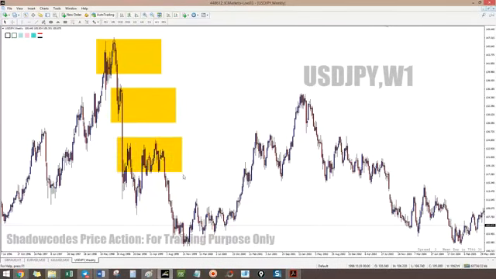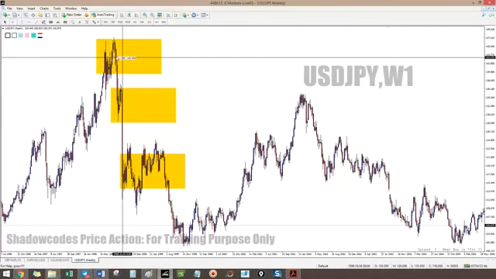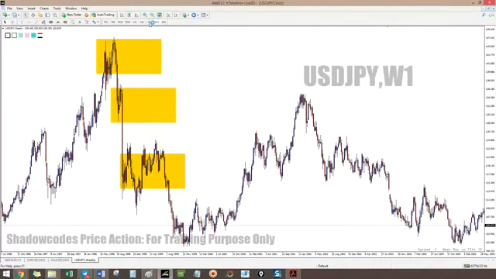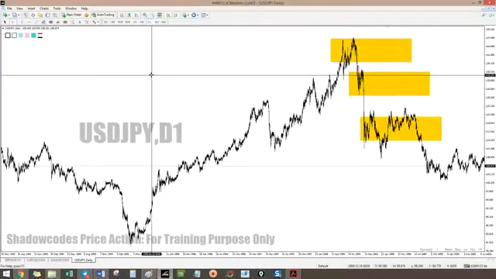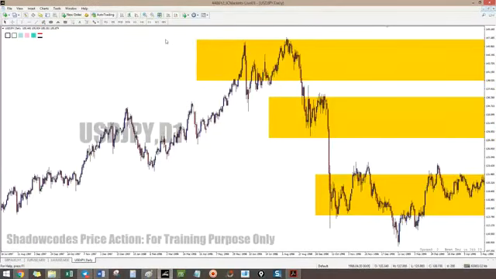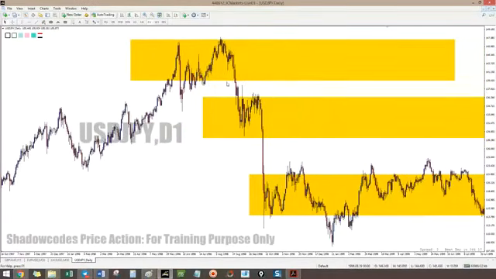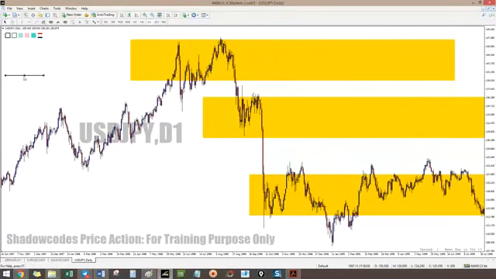Up to here, for example, you find a QM. You will find a QM here, I'm sure, because this is on weekly. Can I find it on daily? You can still find entry here, I'm sure. For example, you want to take this SBR RBS.